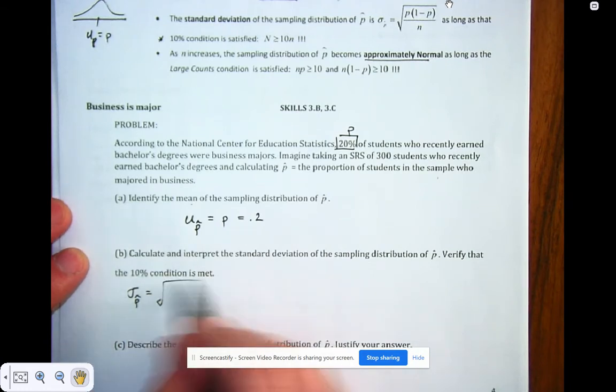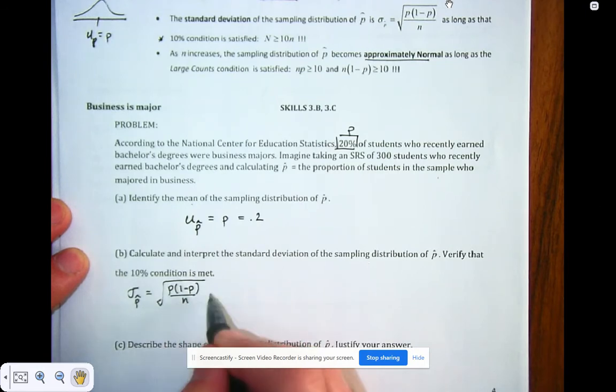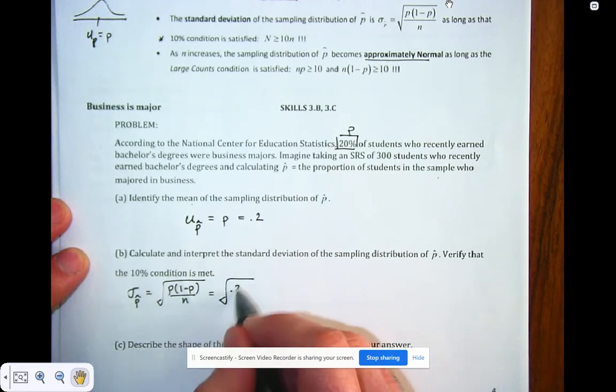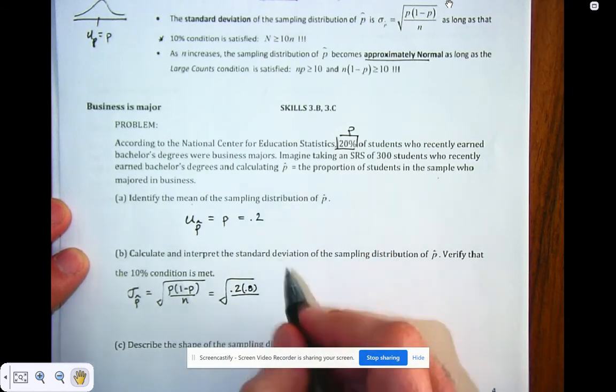What about the standard deviation of this distribution? By formula, it's the square root of p times 1 minus p over n, which is the square root of 0.2 times 1 minus 0.2, which is 0.8, divided by 300, since we took a sample of 300.